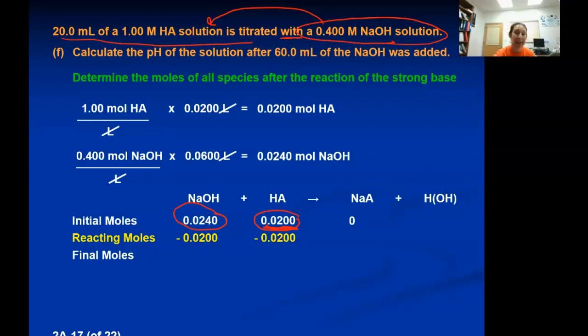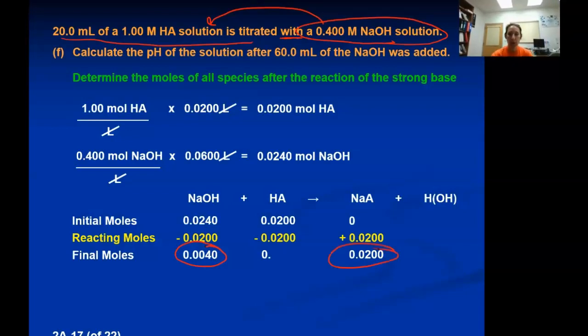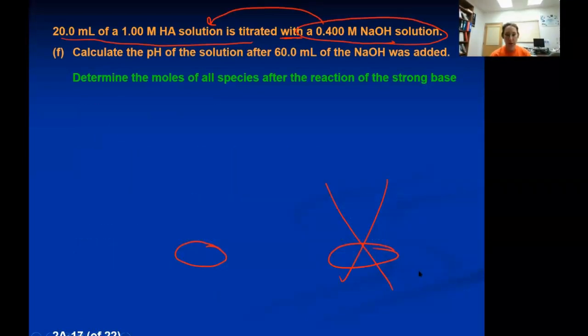We can't actually go down by the entire thing, which means that we have some extra base and a little conjugate base. Remember, our strong base is going to overwhelm our conjugate, so we can just pretend it doesn't even exist, because our strong base is going to be so overwhelming to our weak base.